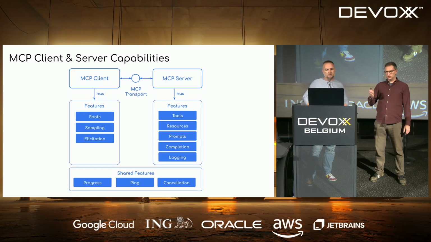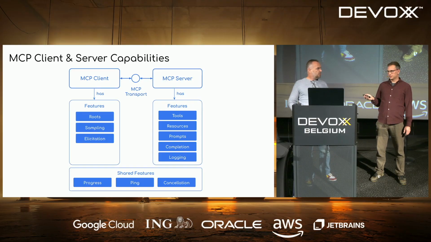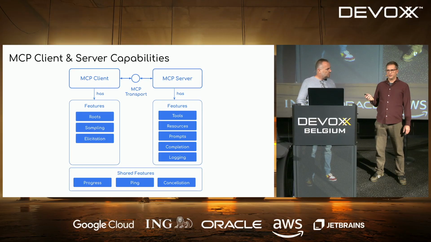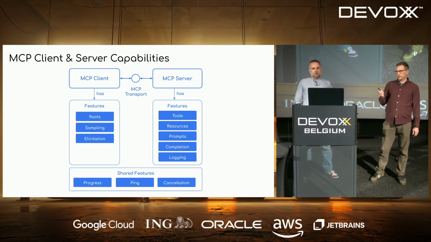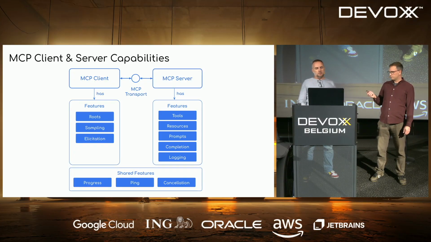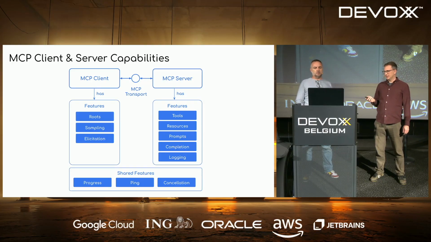There are resources, so we have seen the conference agendas. There are all sorts of things that you can expose as files, as custom data that can be identified as URIs. And there are prompts, so you can have a database of well-prepared prompts that are specific to your business use case or whatever you are building.